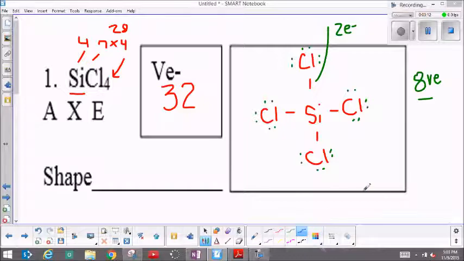The next thing, I go around and check if I have all 8 to make everybody meet the octet rule. It's called the octet rule, and that means that everybody has 8 electrons.